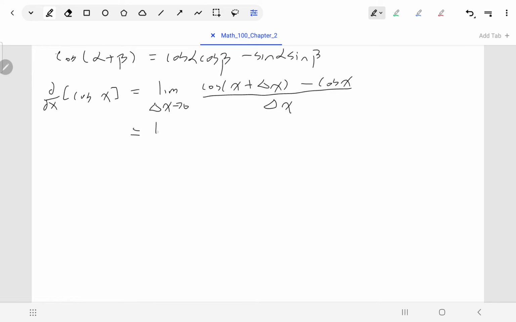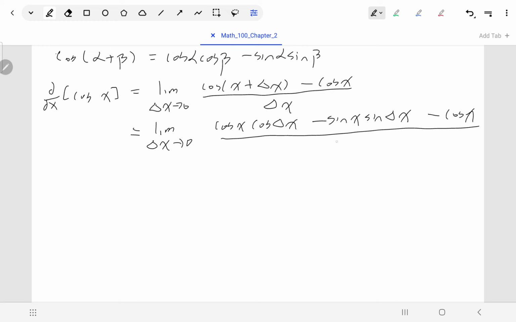I'll first split things up using the cosine angle sum formula, so that'll be cosine of x cosine of delta x minus sine of x sine of delta x, minus cosine of x. Then I'm going to do the same sort of thing as before and split this into two fractions.